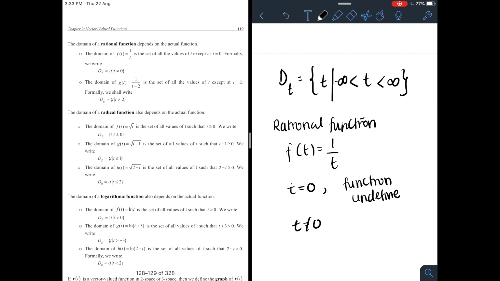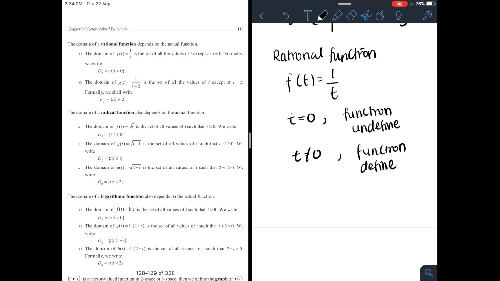T not equal to 0 will make sure your function is defined. So when you determine the domain of a rational function, this is how you write it: D_f = {t such that t is not equal to 0}.